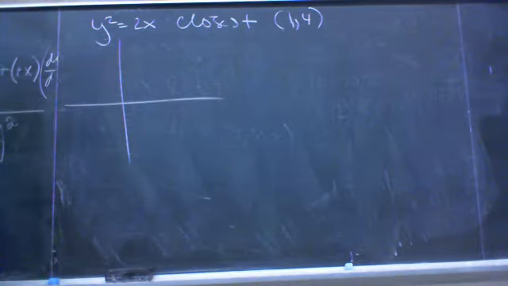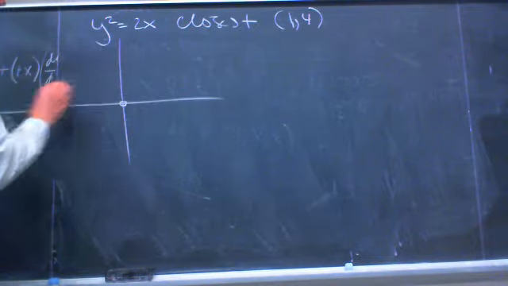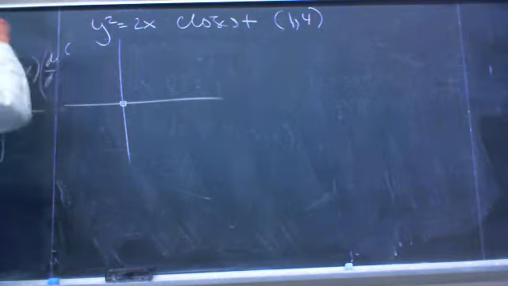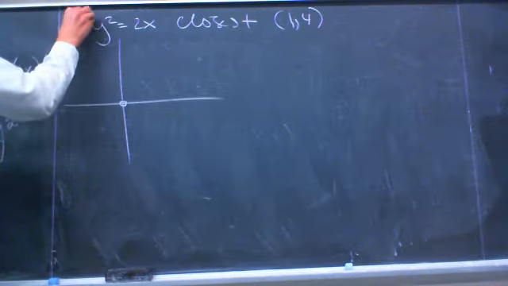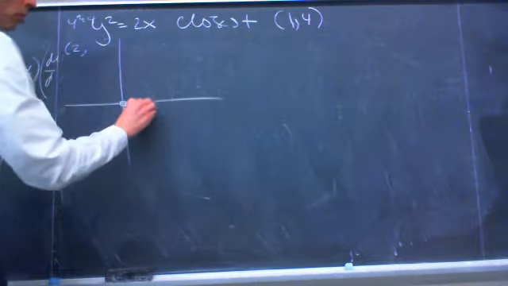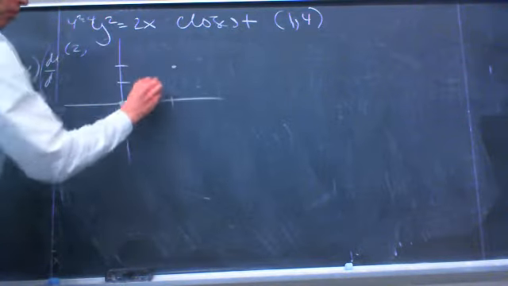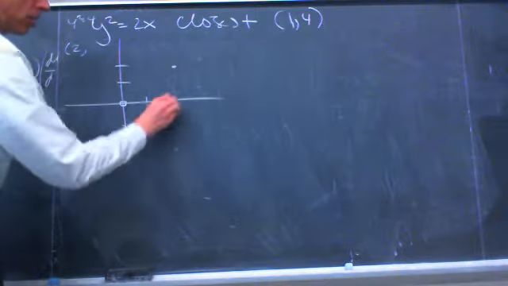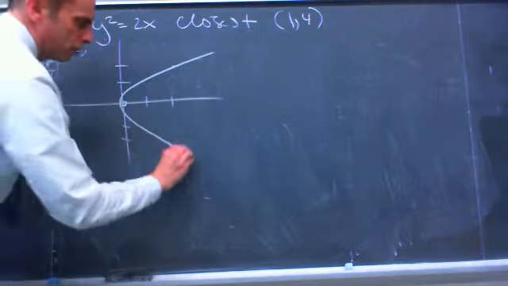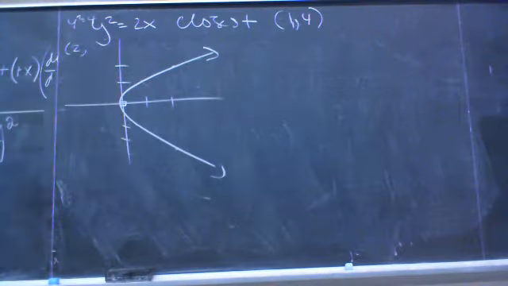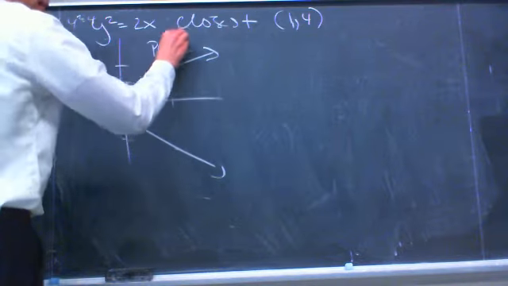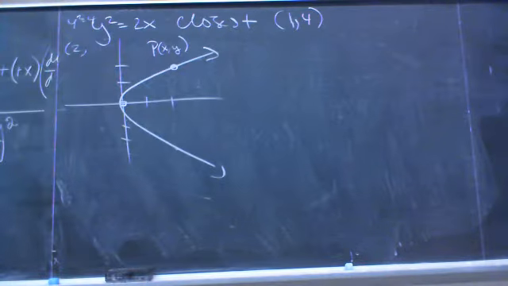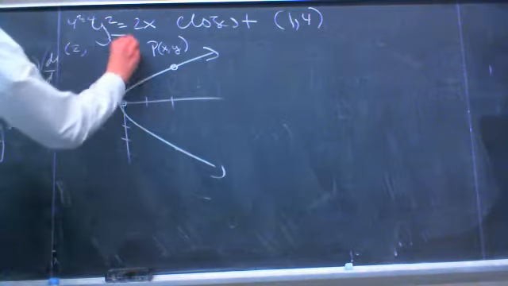Okay, so then, here's what this looks like. When the y is squared, when x is 0, y is 0. And when x is, say, 2, y squared equals what? 4. So over 1, 2, up 2, and then down 2. It's a sideways looking parabola like that. And we're talking about what point along this curve, let's call it x, y, is closest to the point 1, 4.